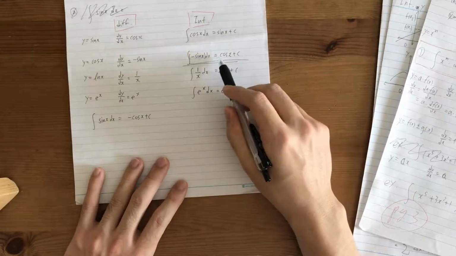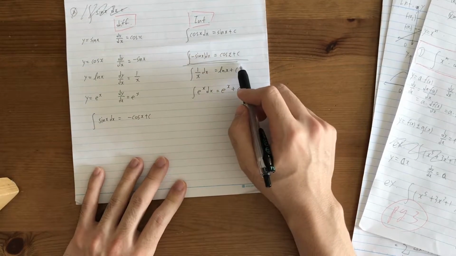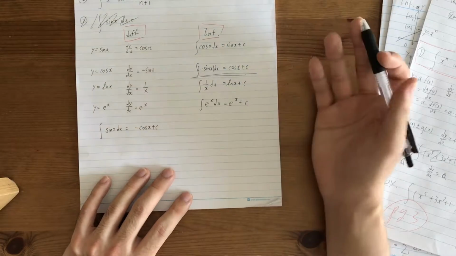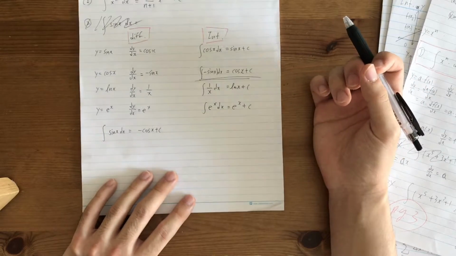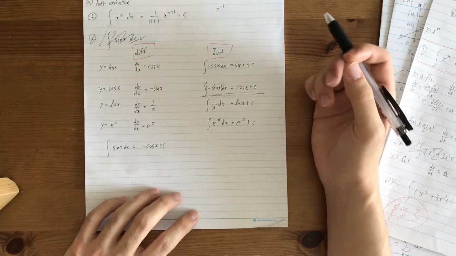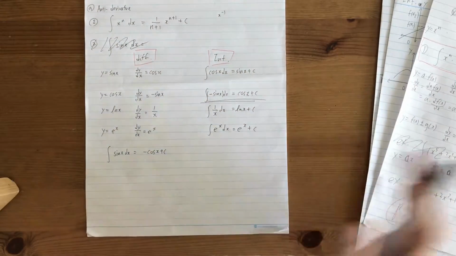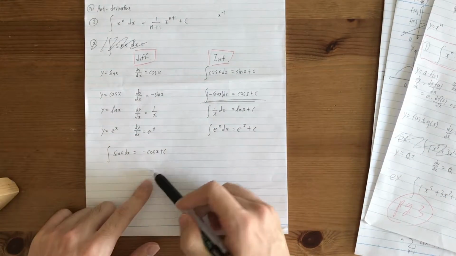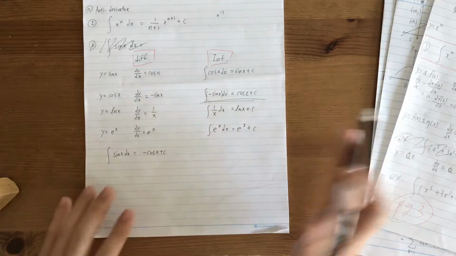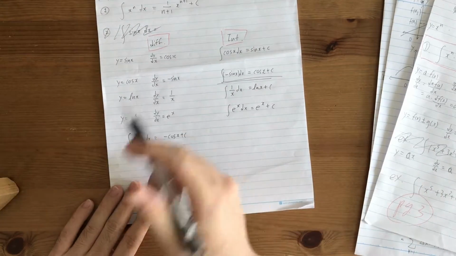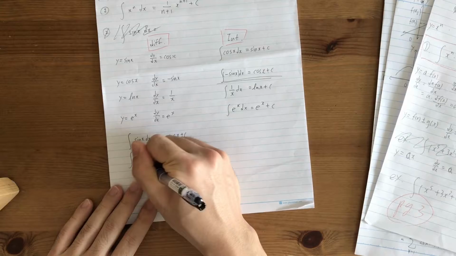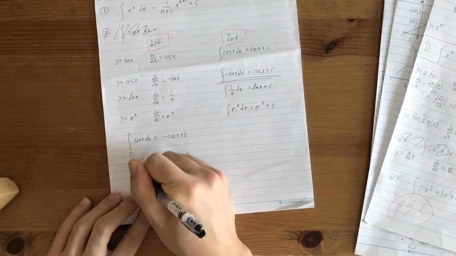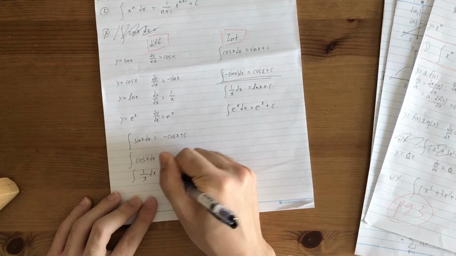And if we move the negative sign to the right hand side, some may think that it's negative cosine x minus c, right? But as I said, c represents the integral constant, which is just an arbitrary constant. It can be anything, so we can just say negative c equals c. Maybe this is a capital C, whatever. It doesn't really matter. So if we write this again, we have these four basic rules of integration.